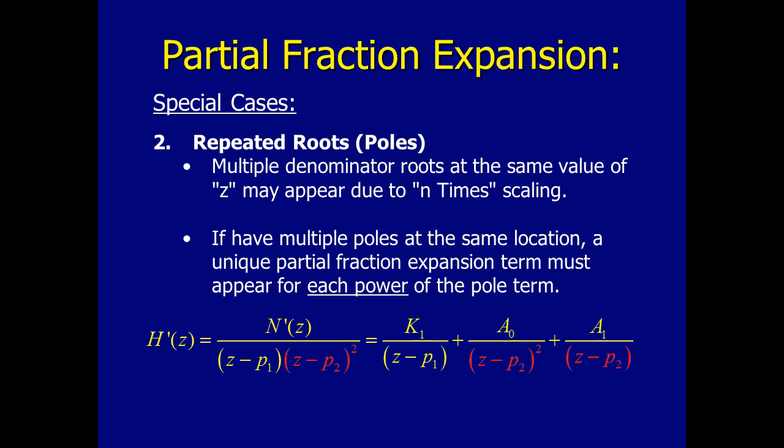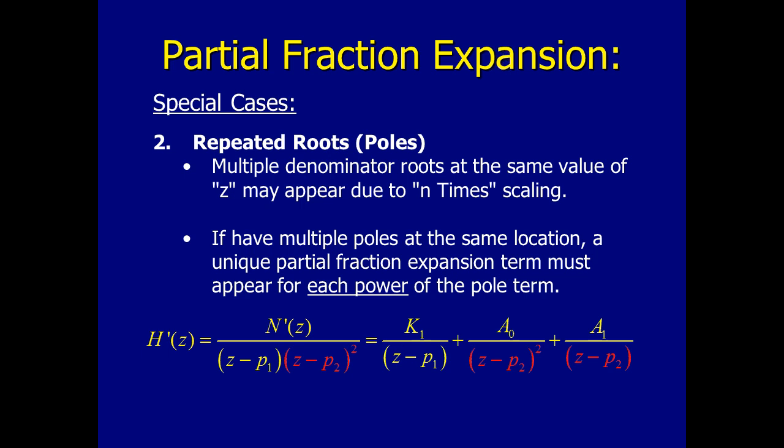And so when those do occur, if we have poles with powers more than just the first power, then when we do the partial fraction expansion, I need one partial fraction expansion term for each power of that pole function. So if I have a squared function in the denominator, I need a term that goes with the square, and I also need a linear term. So the first key to doing this is setting up the partial fraction expansion, including all the right terms.